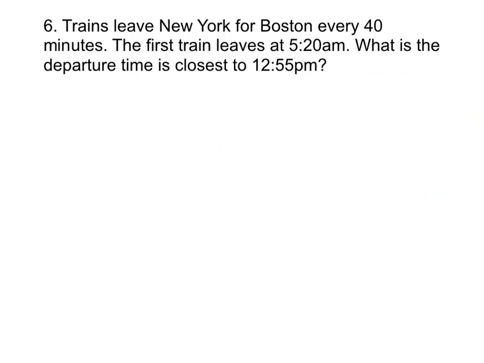Alright, so hopefully this one will not get deleted if I don't mess around with it. For this one, number 6, it says trains leave New York for Boston every 40 minutes. The first train of the day leaves at 5:20 a.m. What is the departure time that is closest to 12:55 p.m.? So what I'm going to do is I'm just going to be adding 40 minutes.